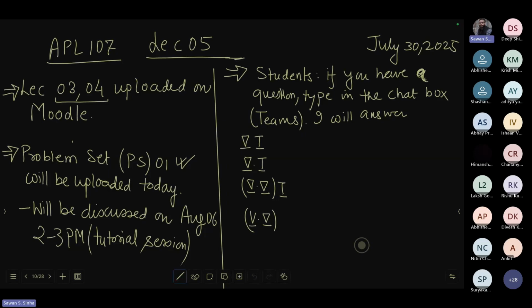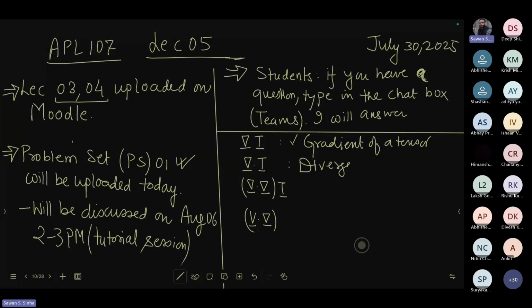All right. So what all I completed in the previous lecture? I talked about gradient of a tensor. I talked about divergence of a tensor. Then I talked about Laplacian of a tensor.